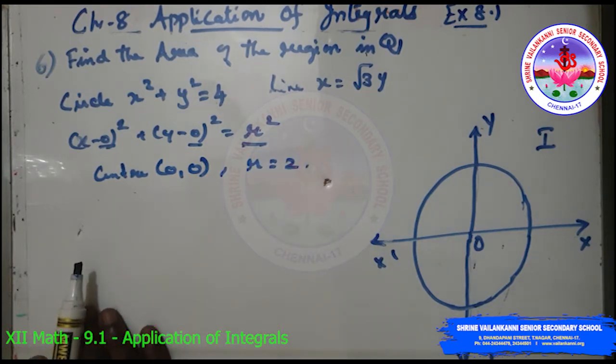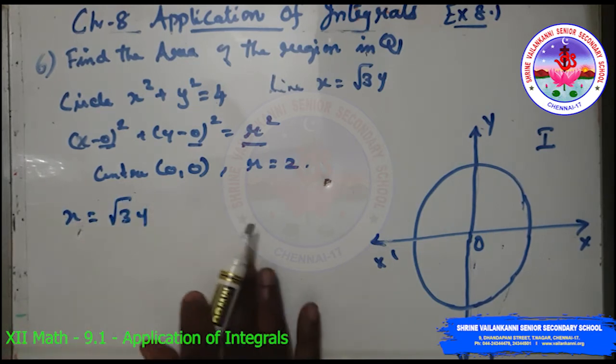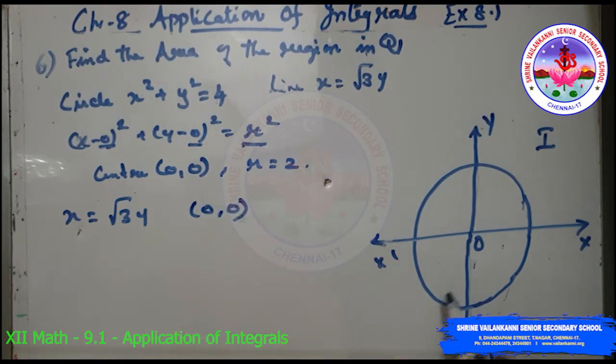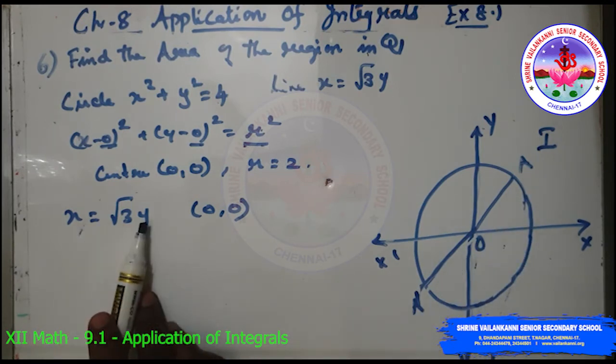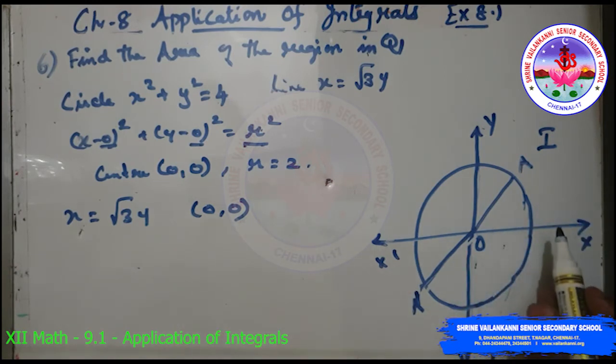And the line x is equal to root 3y is passing through the origin 0, 0. So here the dash represents the line x is equal to root 3y, which passes through the origin 0, 0.